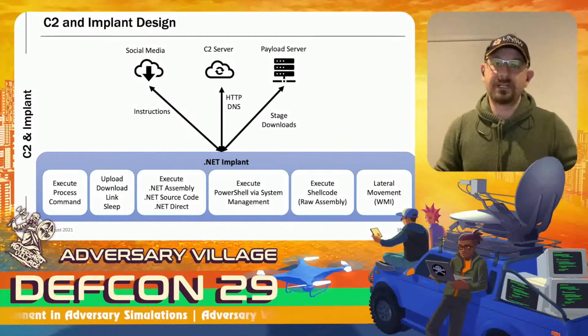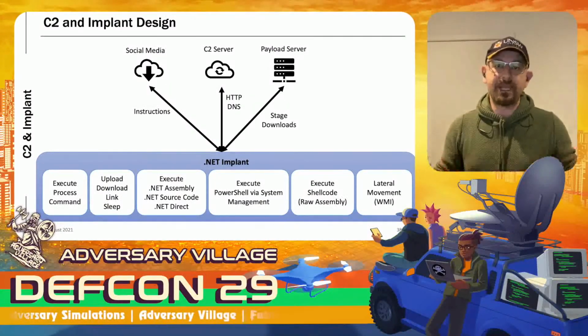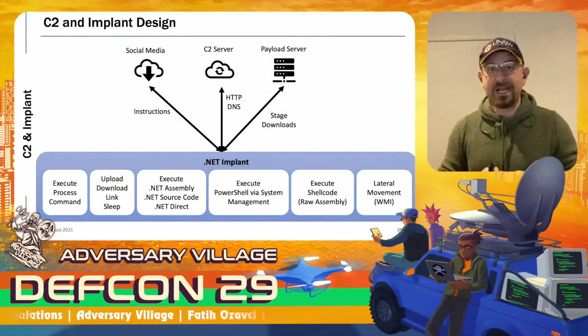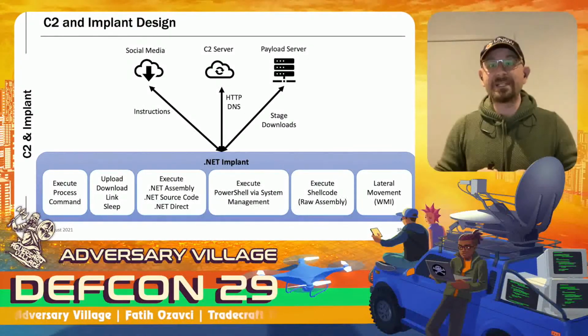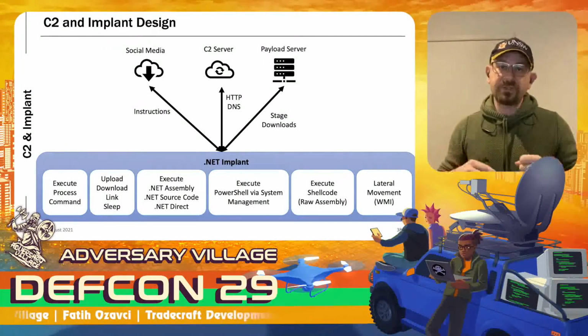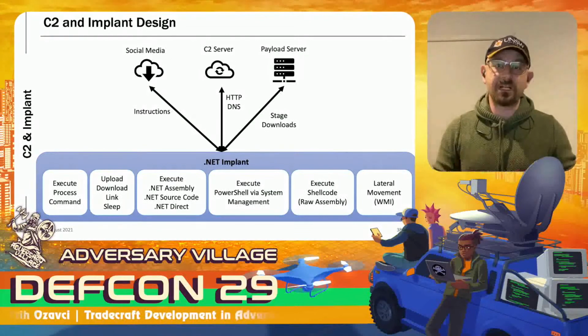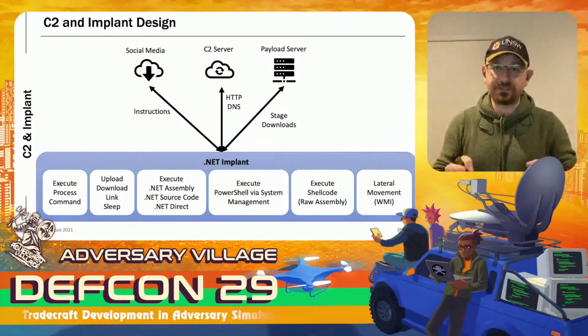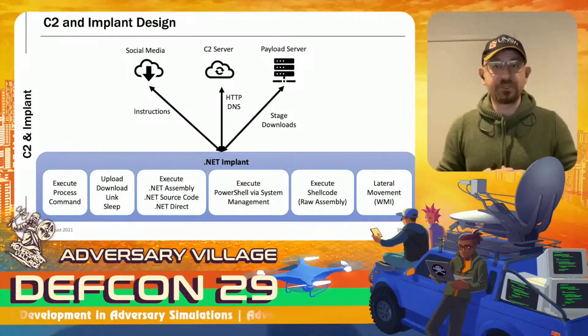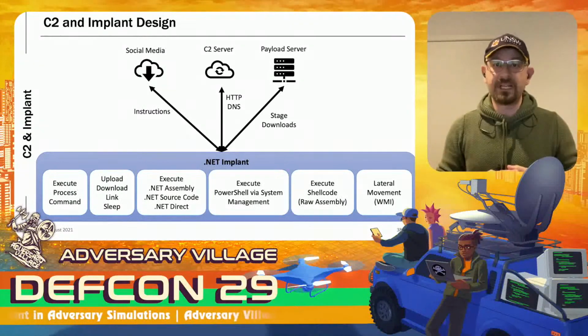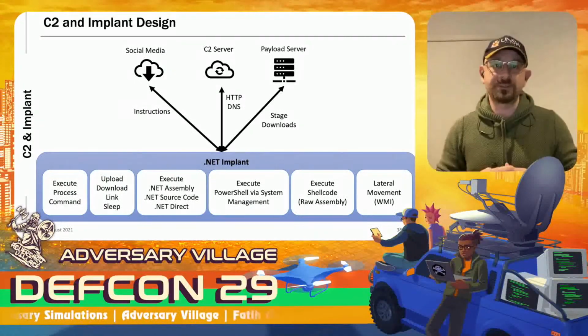Another type of C2 protocol is payload servers. And they are there to deploy additional stages. If you want to deploy your second, third stage malware or some dangerous binaries through your C2, probably you will burn your C2. Therefore, we also use payload servers.